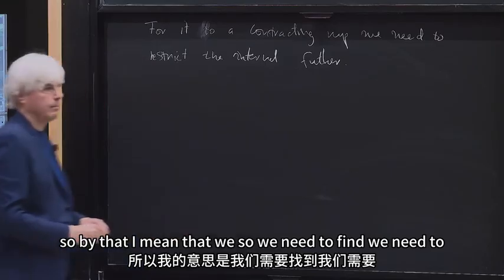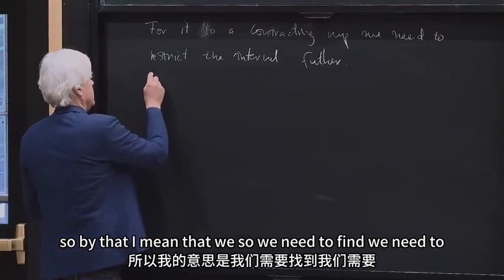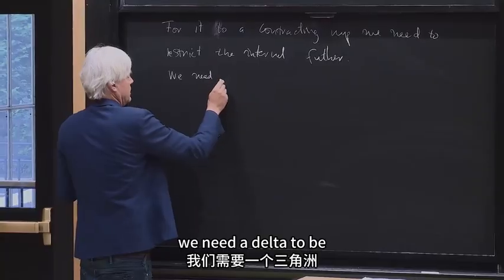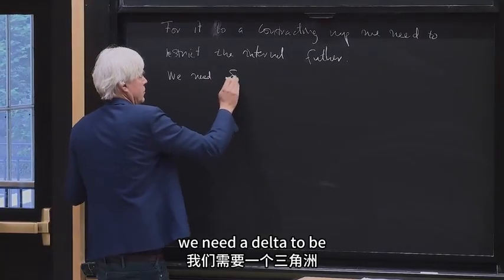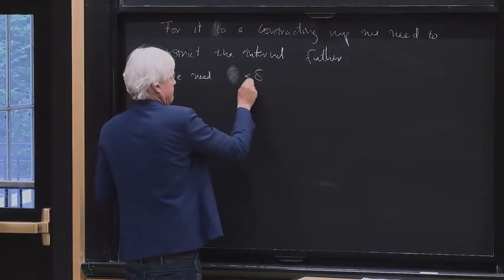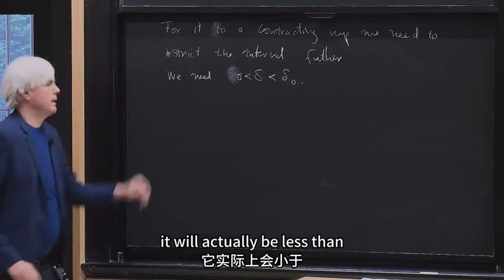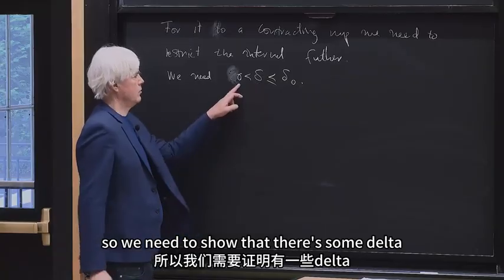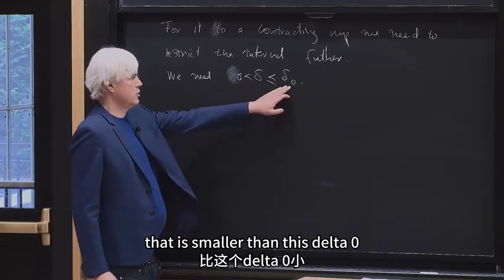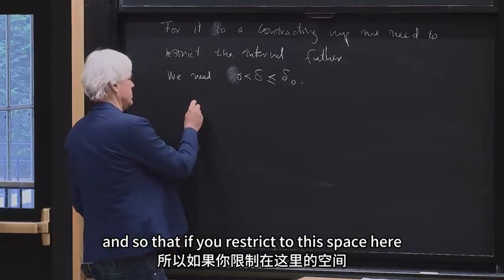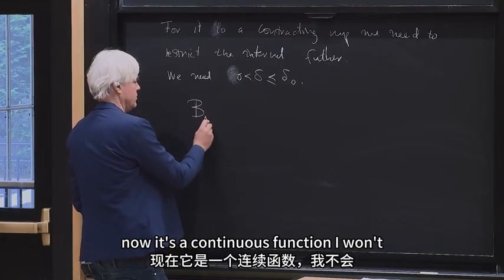Okay, so by that I mean that we need to show that there's some delta. It will actually be less than, so we need to show that there's some delta that is smaller than this delta 0, and so that if you restrict to this space here, now it's a continuous function.